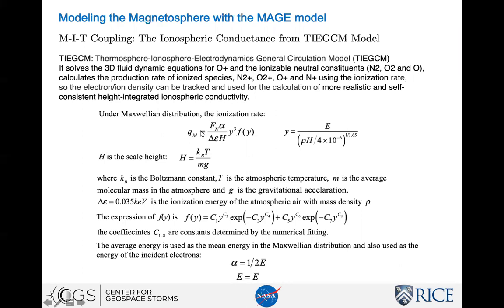We can see that in the ionization rate, this is the number flux of the electron precipitation, and also this is a characteristic energy of the Maxwellian distribution, which is half of the average energy in the electron precipitation. So when we give TiGCM these two quantities, it will automatically generate an ionization rate at that location.